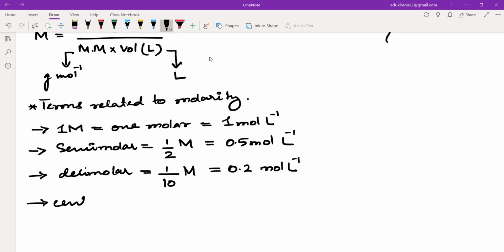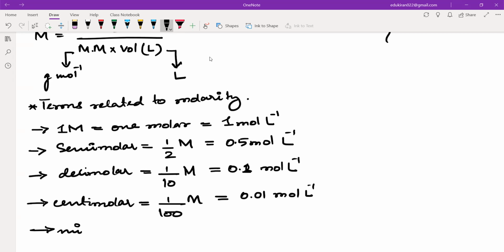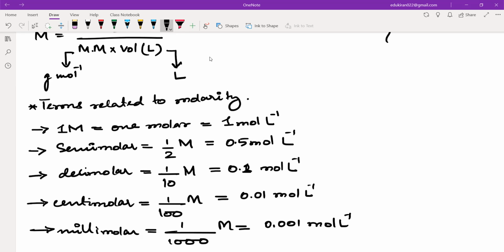You can also have centimolar, which is 1/100 molar, which will be 0.01 mole per liter. And at last, millimolar, which will be equal to 1/1000 molar, which will be equal to 0.001 moles per liter.